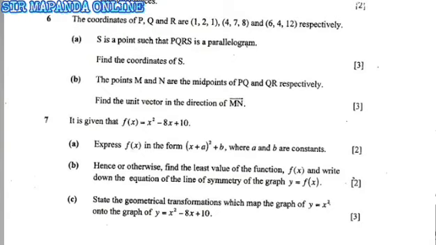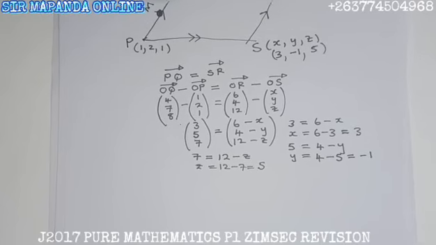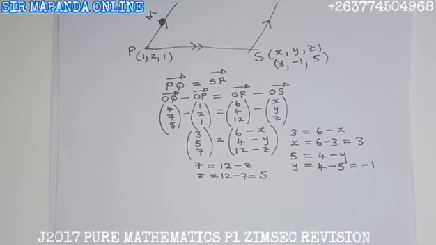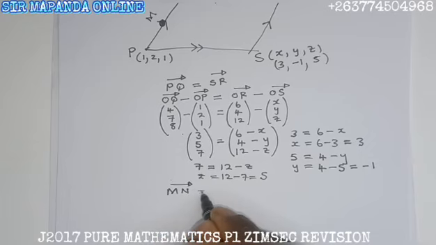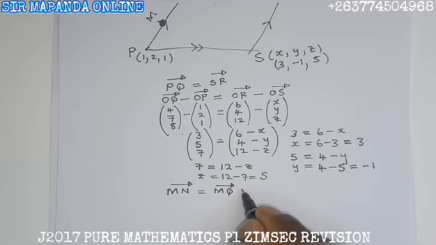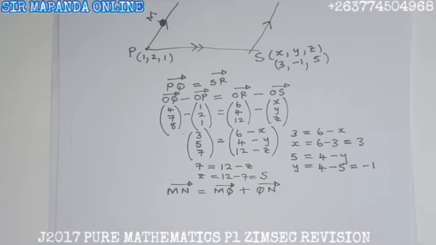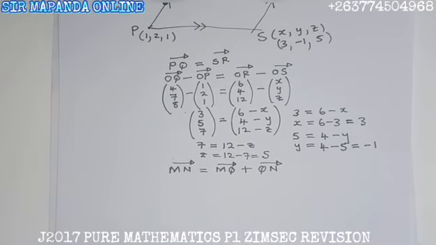So to find the unit vector, you first of all find MN, right? So what is MN? MN is equal to MQ plus QN. I hope you are following, right?